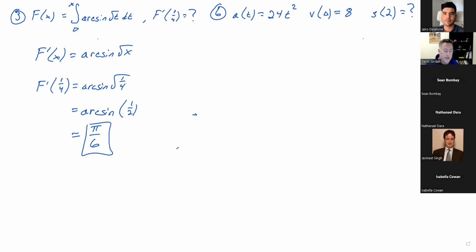So if we integrated acceleration, what does that normally give you? Velocity. Gives you velocity. Okay, so what is the integral of 24t squared?